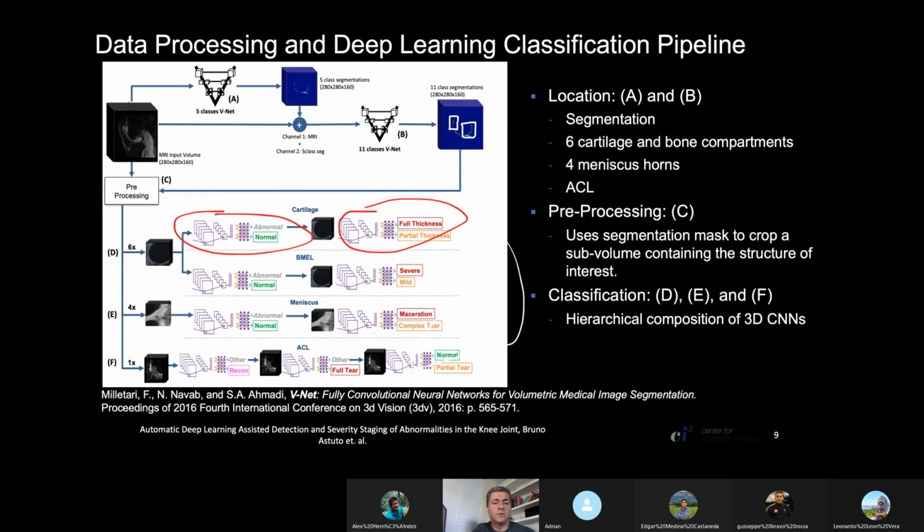So if you count, it's 6 times here because it's 6 different cartilages: patella and tibia, femur and trochlea, meniscus, and ACL.